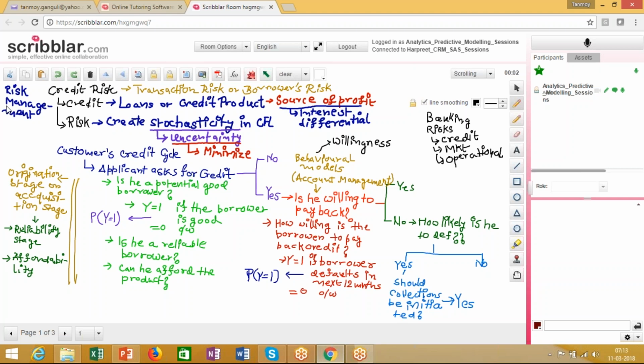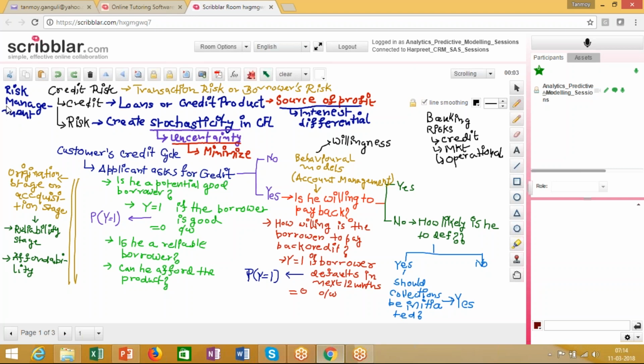Once the loan has been granted, the next thing we start doing is understanding how the borrowers behave. So we start developing behavioral models like account management, willingness, etc.